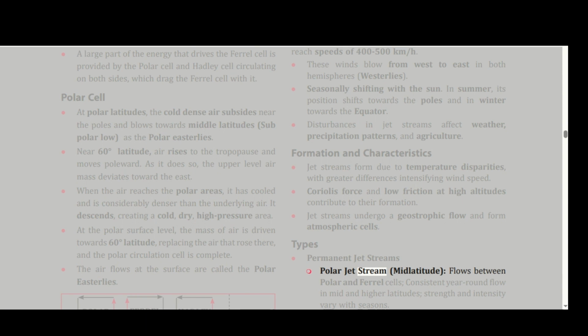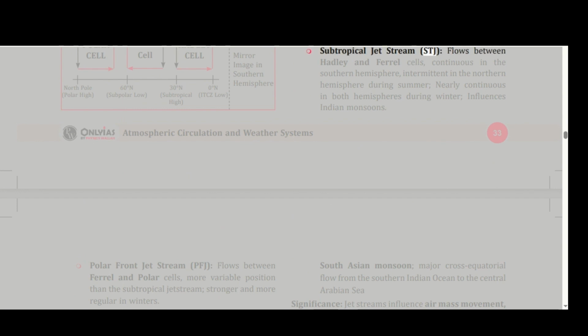Polar jet stream, mid-latitude, flows between polar and Ferrel cells, consistent year-round flow in mid and higher latitudes. Strength and intensity vary with seasons. Subtropical jet stream, STJ, flows between Hadley and Ferrel cells, continuous in the southern hemisphere, intermittent in the northern hemisphere during summer, nearly continuous in both hemispheres during winter, influences Indian monsoons.